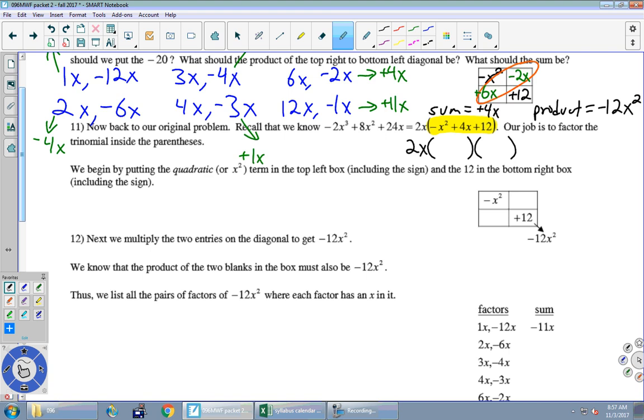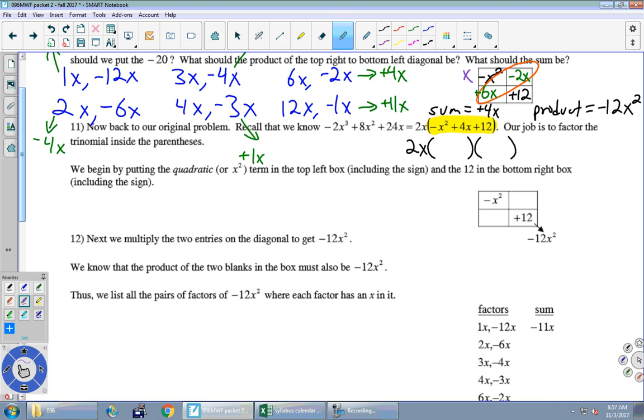Okay, so what we're going to do is look at that top row and figure out what the greatest common factor is in the top row. Look at negative x squared, look at negative 2x. What do they have in common? Negative x. You could just say x, that would be okay, but I'd prefer that you say negative x. So first, they both have x in it, yes?